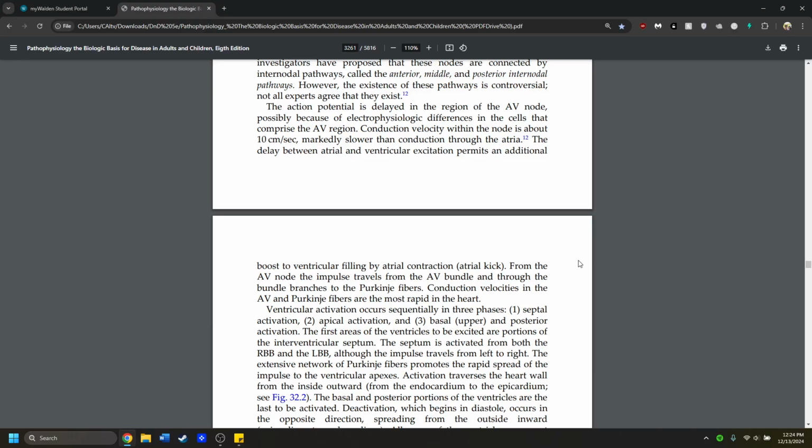The delay between atrial and ventricular excitation permits an additional boost to ventricular filling by atrial contraction, that atrial kick. From the AV node, the impulse travels from the AV bundle and through the bundle's branches to the Purkinje fibers. Conduction velocities in the AV bundle and Purkinje fibers are the most rapid in the heart.